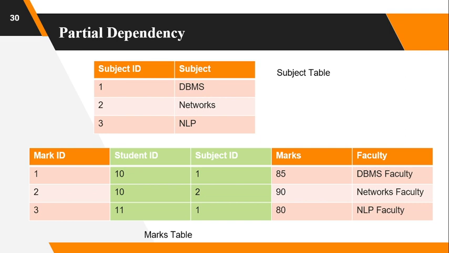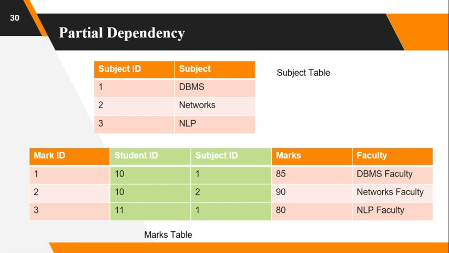For example, if you want to get the marks of a student, it is not possible to get them with the student ID alone. Only with this primary key I cannot get the marks of a student. I need to know the subject ID also.